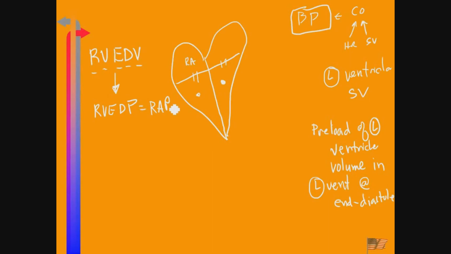And we have the ability to float a catheter into the right atrium. We would call this a central venous pressure, or CVP.